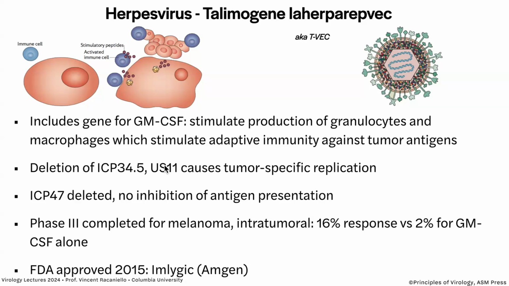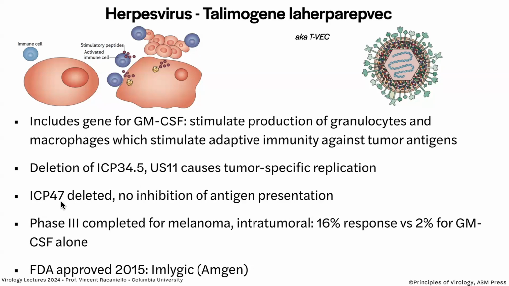So what it is, the virus, the herpes virus, remember herpes viruses, you put the gene for GM-CSF in. This stimulates the production of granulocytes and macrophages, which stimulate adaptive immunity against tumor antigens, because remember, adaptive immunity is defective in many tumors. The virus is deleted for a gene called ICP34.5 and US11, which causes it to have tumor-specific replication.